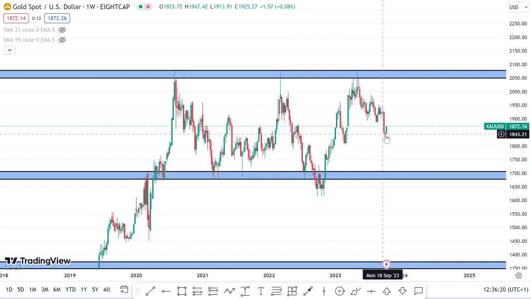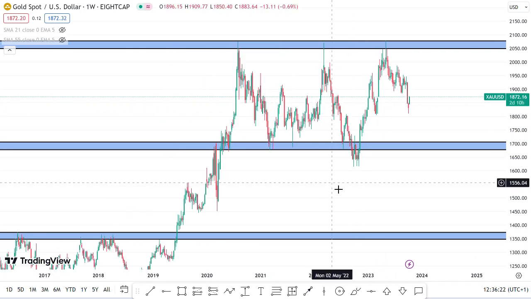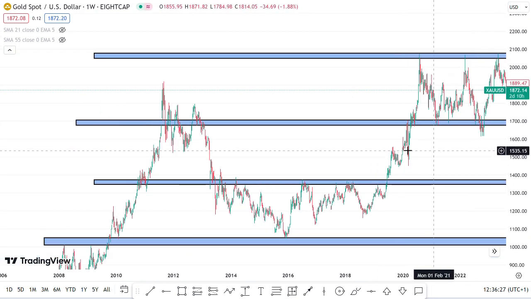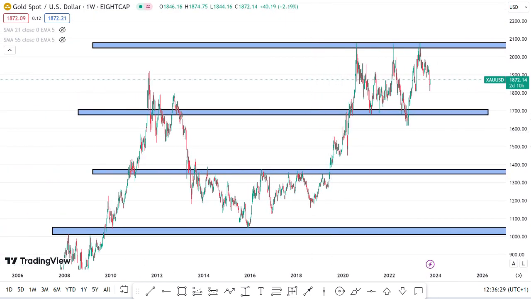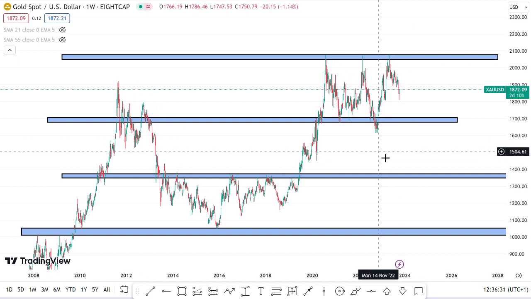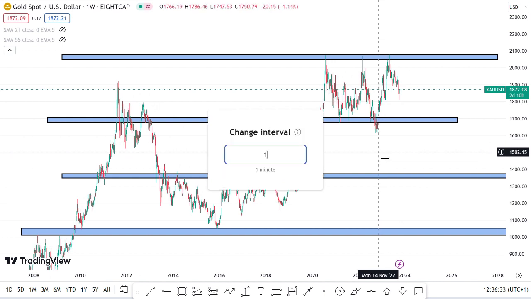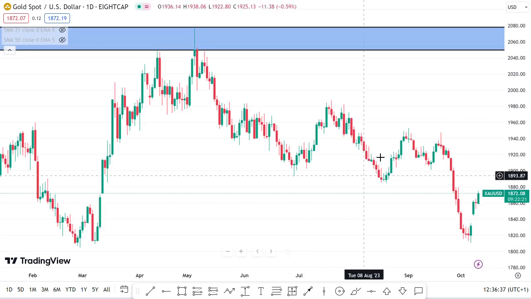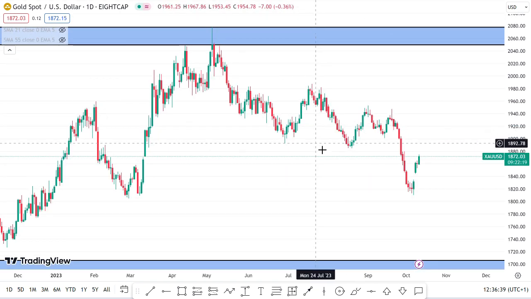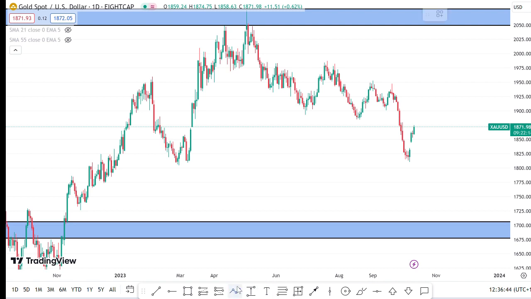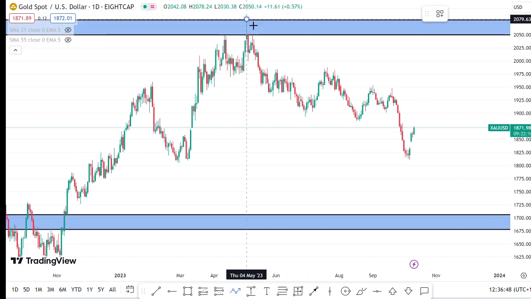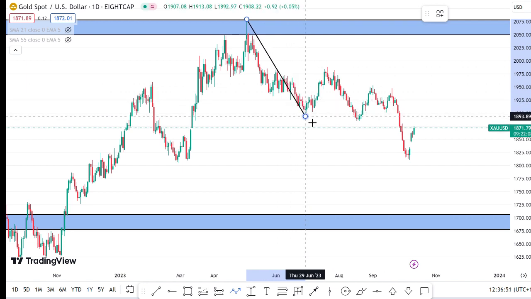So that being said, we've marked out our major key levels, our major zones. Now I'll be going over to the daily time frame. So on the daily time frame, let's see what the market is doing. Okay, guys. So on the daily time frame, I'm going to mark out the lower lows and lower highs.